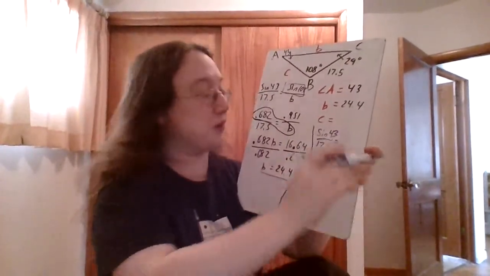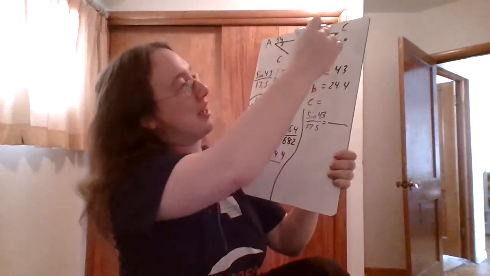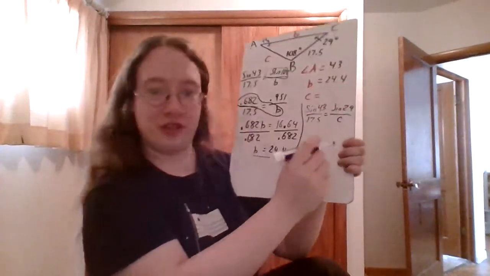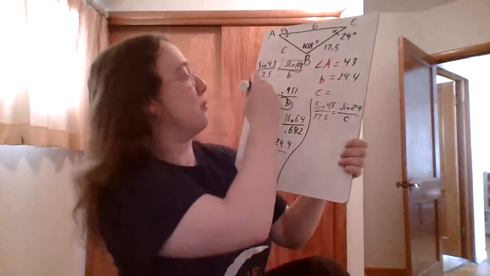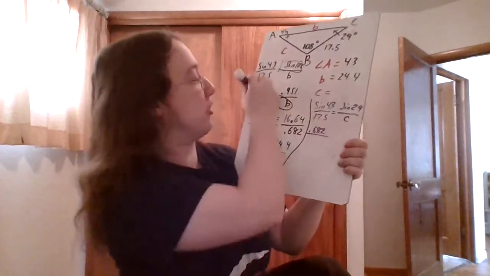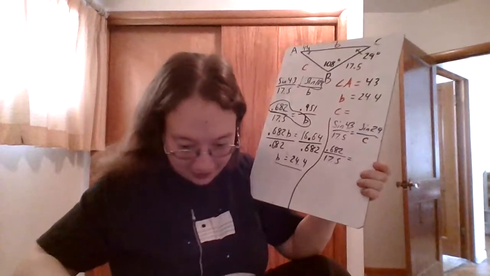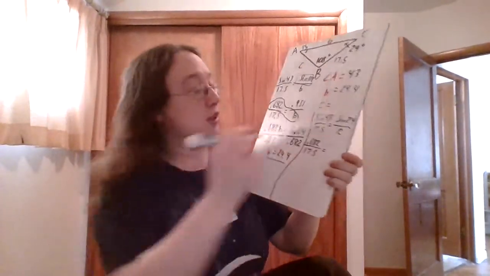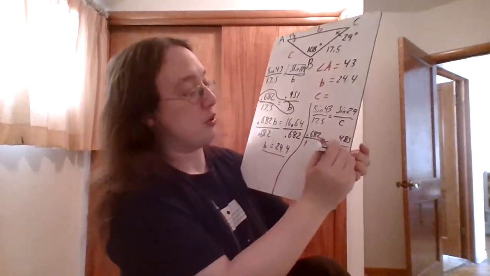You'll get close enough. Okay, so now we've got the sine of 43 over 17.5 equals the sine of C, which is 29, over little c, which is now the thing that we're looking for. The sine of 43 is going to be that 0.682 that we had over there, so this fraction doesn't change. And we've got the sine of 29, which gives you about 0.485, over c.